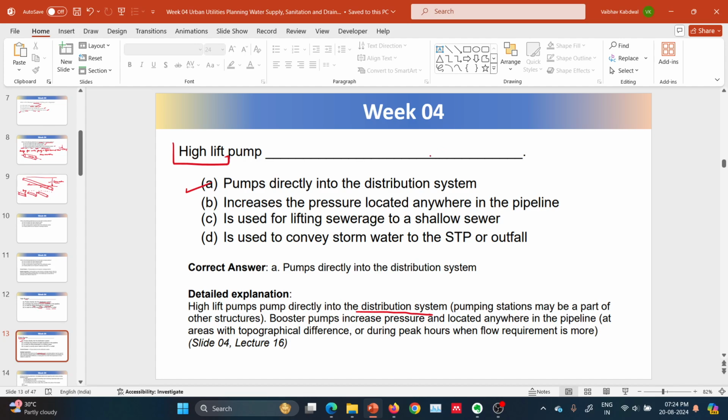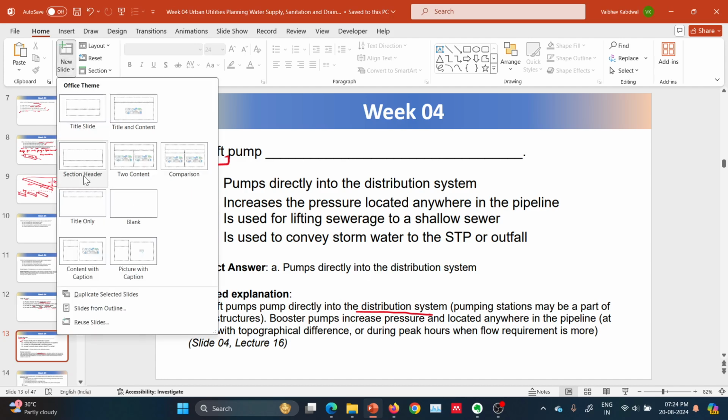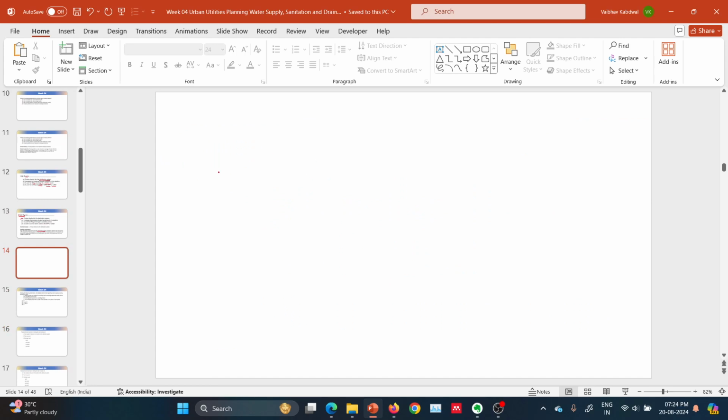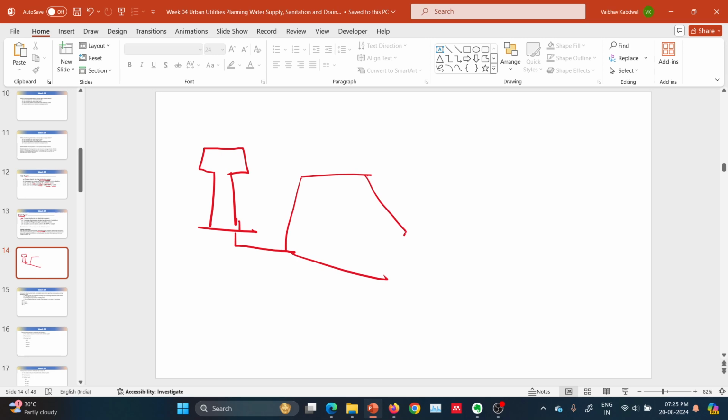So this distribution system is the city. So in city, this is the service reservoir. From this service reservoir, the water will be discharged to the city. This is the plan view here.